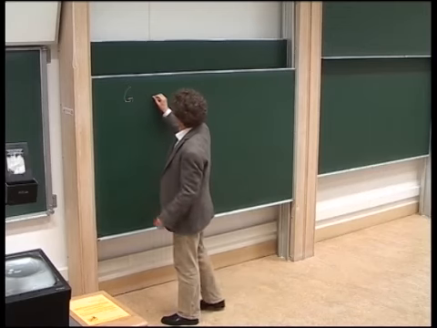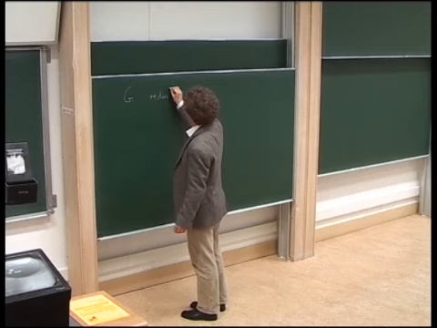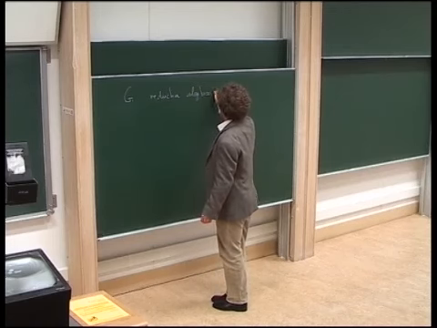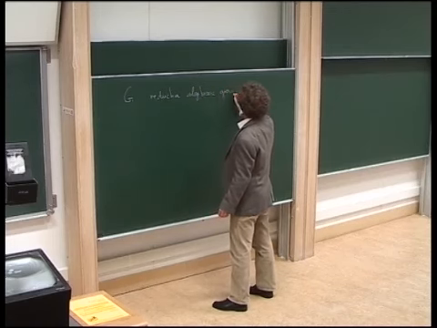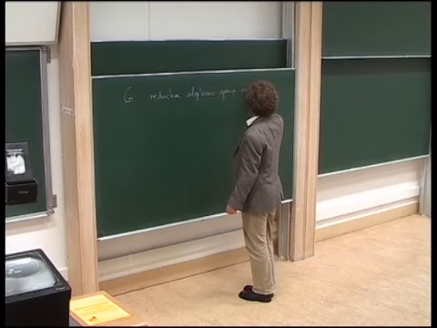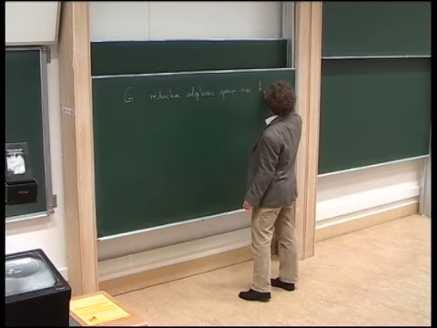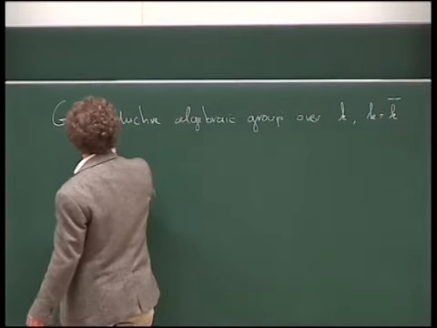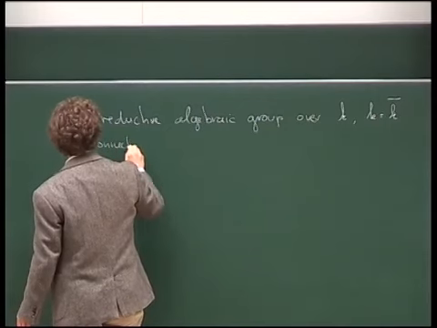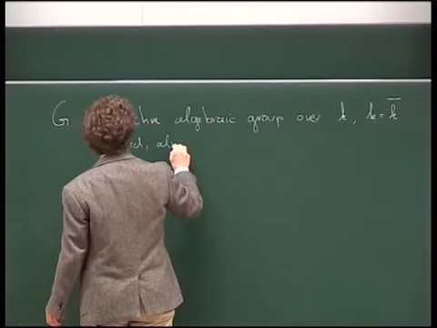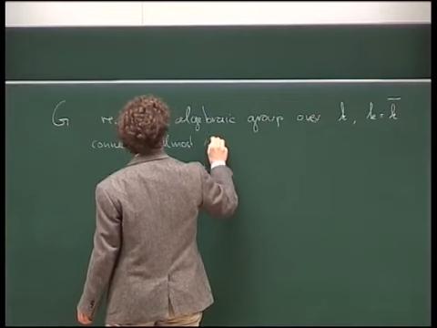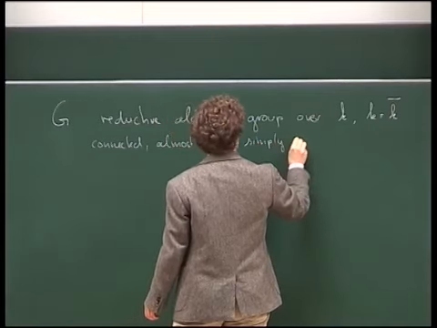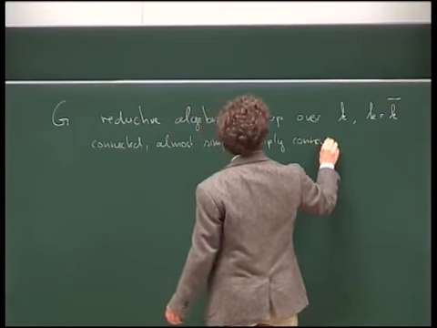So G will denote a reductive algebraic group over K, a field that is algebraically closed, and we can assume that it's connected, almost simple, and simply connected.